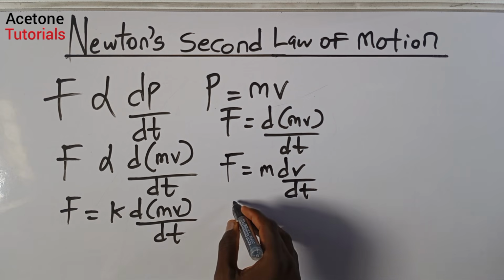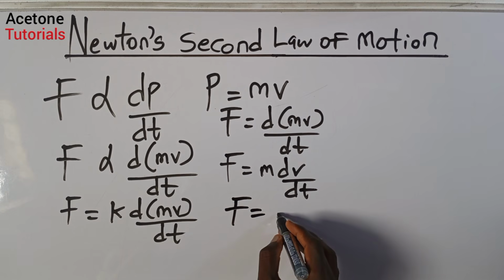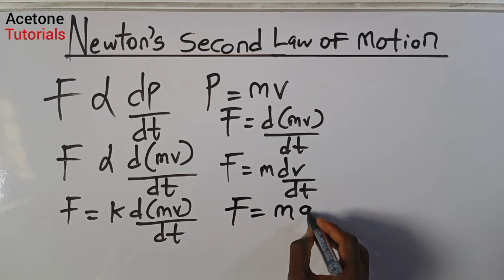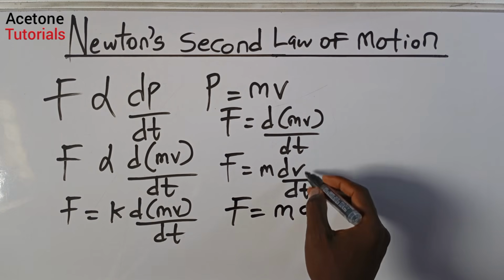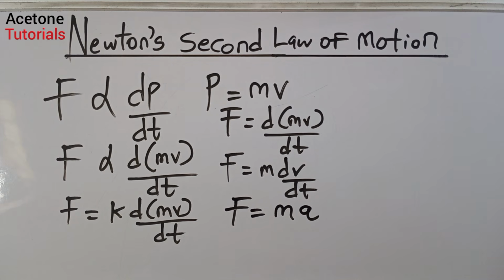So we have F equals ma, since dv over dt is a. The force is equal to the product of the mass and the acceleration. F is the force in Newton, m is the mass in kilogram, a is the acceleration in meter per second square. This F is the net force.